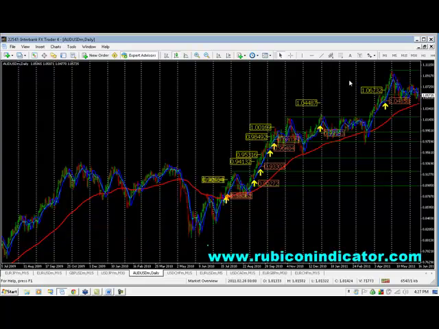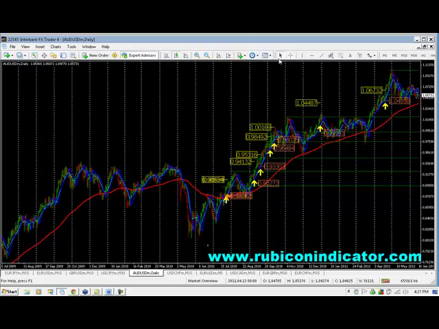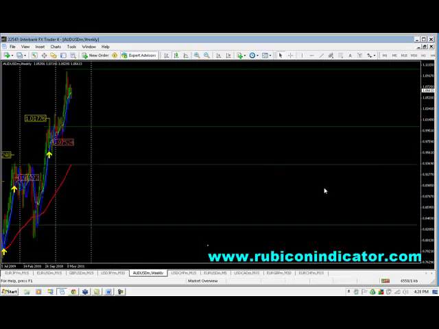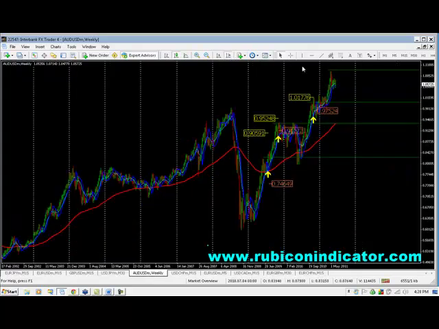Now, the first thing we notice on the Aussie dollar is that we've not been at this high level up here, $1.10 on the Aussie dollar to the US dollar. Now, that's a significant level. I'm going to check out on my weekly chart, and we see immediately on the weekly chart we've never been at this level before. So that's a new high right there for the Aussie dollar.